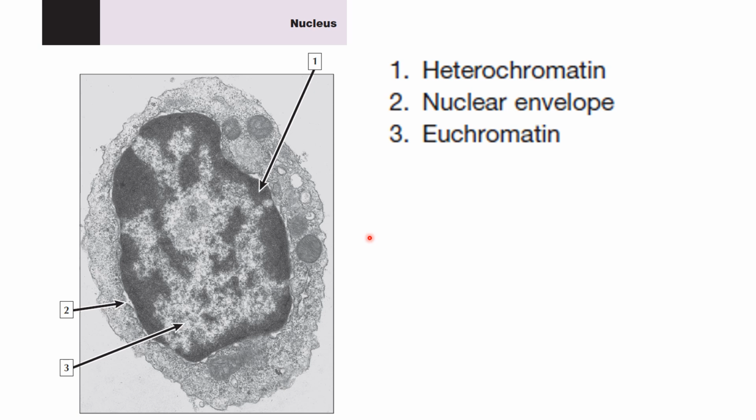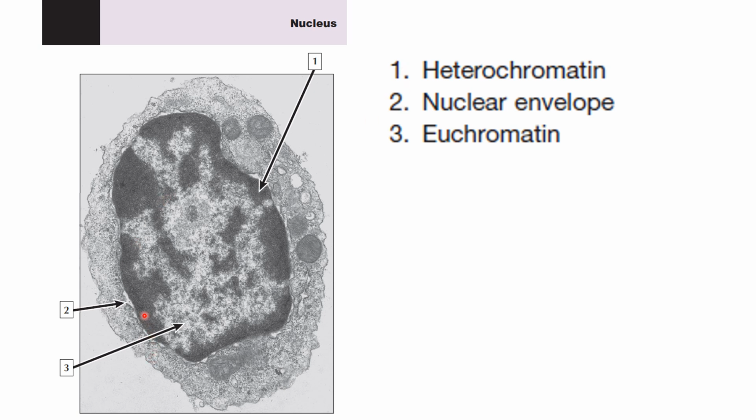Shown here is the nucleus of a lymphocyte in electron micrography. The nucleus is the largest, most conspicuous structure in any cell, most cells at least. Most cells have only one nucleus. The nucleus consists of the nucleolus, chromatin, nuclear matrix, and a nuclear envelope.